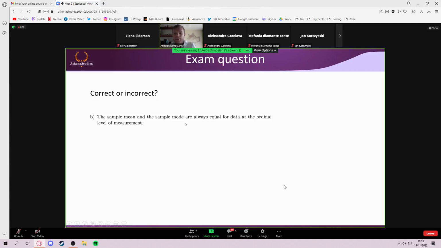So the mode here would be 2, right? Yes, the mode here would be 2. But what happens if I find the mean? So it will be 1 plus 2 plus 3 divided by 3, right? In that case, it's also 2.